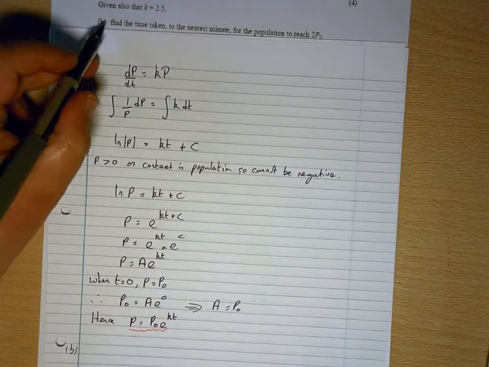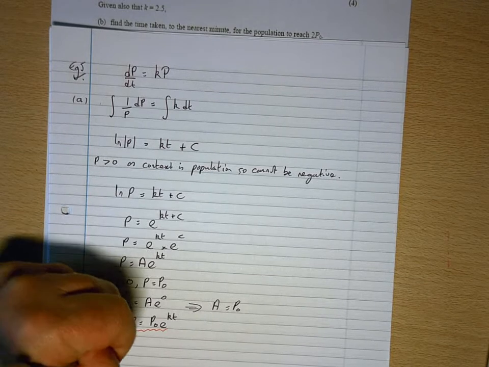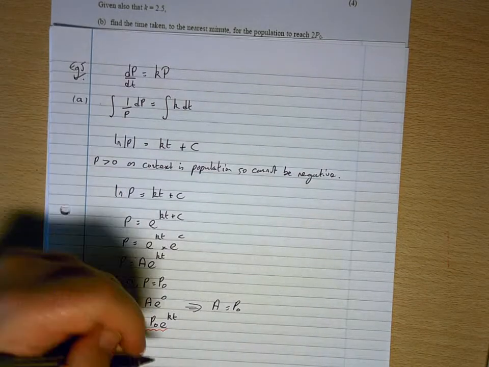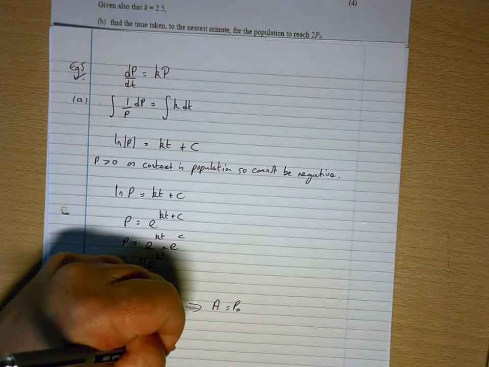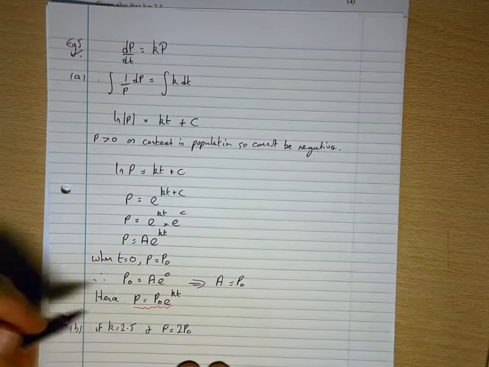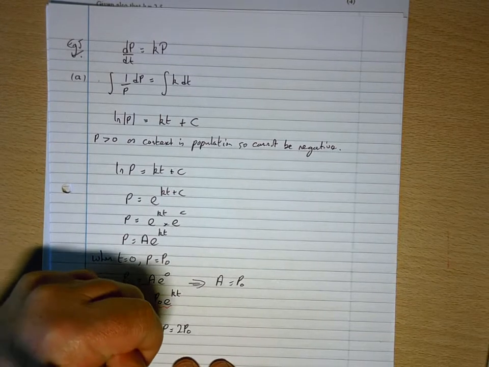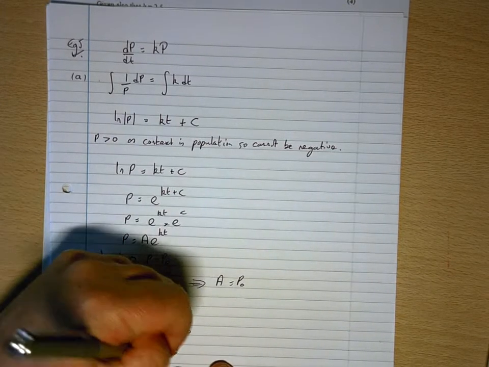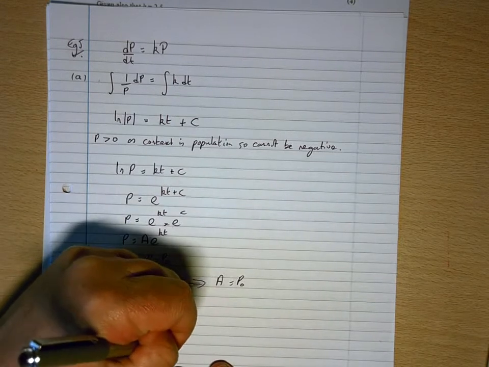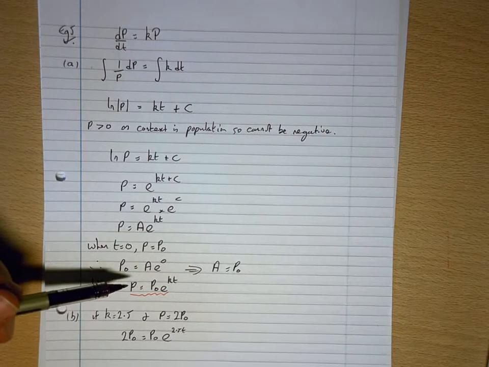So B, k equals 2.5 and P equals 2P naught. So P is going to be 2P naught equals P naught e to the 2.5t. So I've taken my general solution.